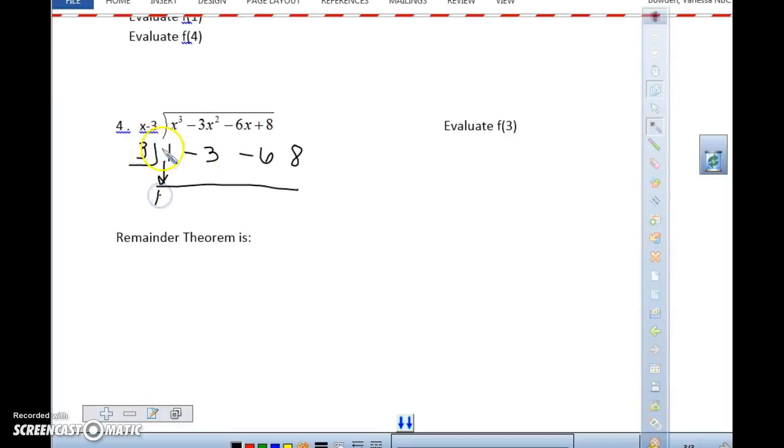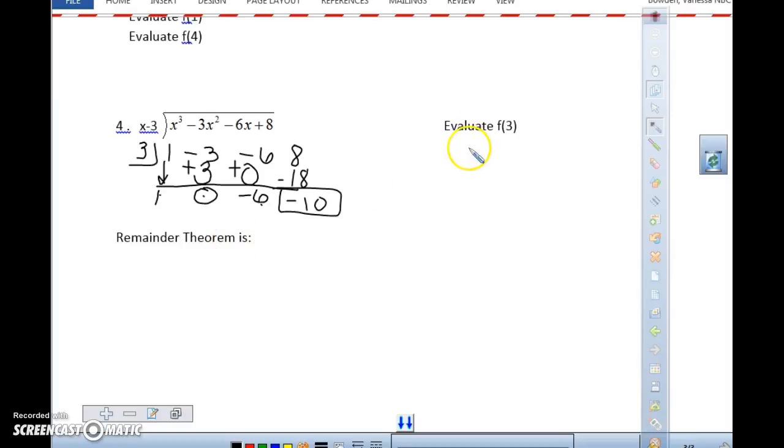Multiply. Then we're going to add. Multiply. So here's the question. Is x equal 3 a 0 on my graph? Is it a solution? No, because I didn't get 0. So x minus 3 is not a factor.